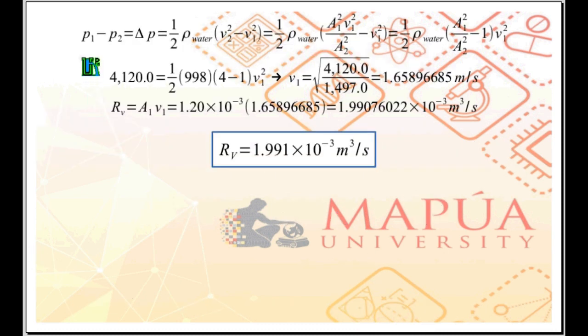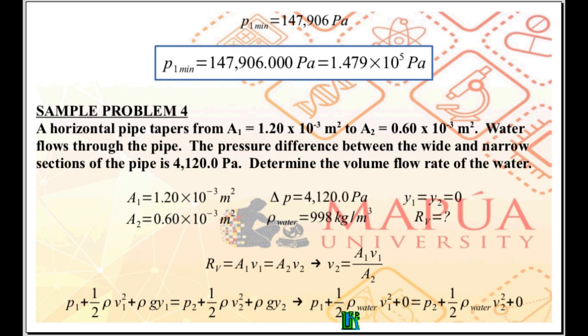The pressure difference is given by the problem. The pressure difference between A1 and A2 is P1 minus P2, which is equal to delta P. If you transfer P2 to the other side, you have P1 minus P2.